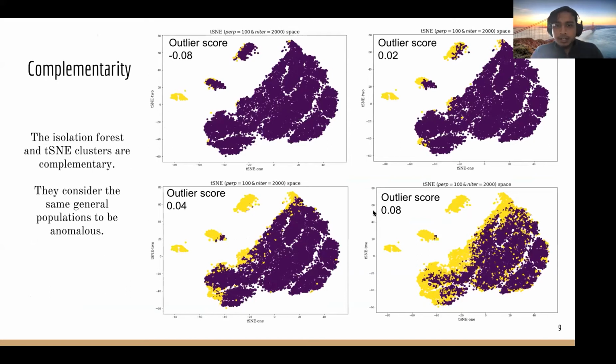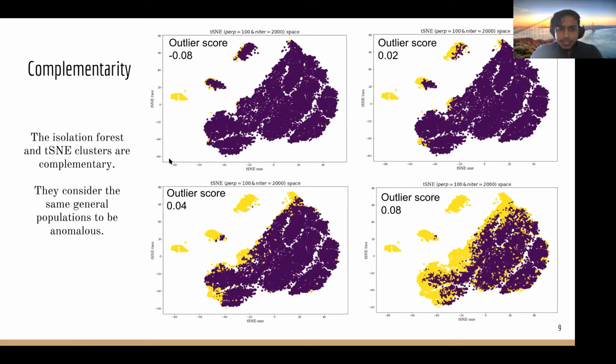Okay, just as an aside, the reason I presented two techniques is we want these two to be complementary. This is just a nice picture, nothing more, showing that these two different techniques, the isolation forest and the t-SNE clusters, could be working together to identify the same sorts of populations.